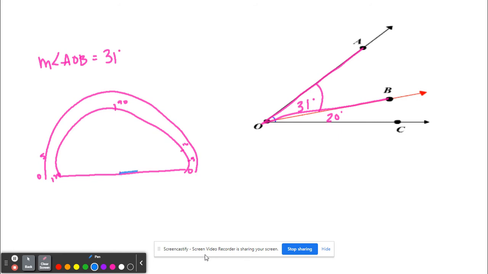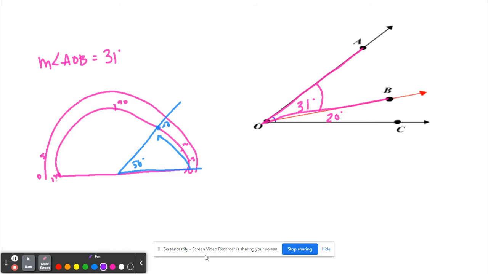So if here's my angle, and I lay my protractor on top of this, I would read from this direction up. And whatever I find right here, that's going to give me my measurement. So let's say 10, 20, 30, 40, say this is 50 right here. Then that means this angle would be 50 degrees. So that's how I would read my protractor.